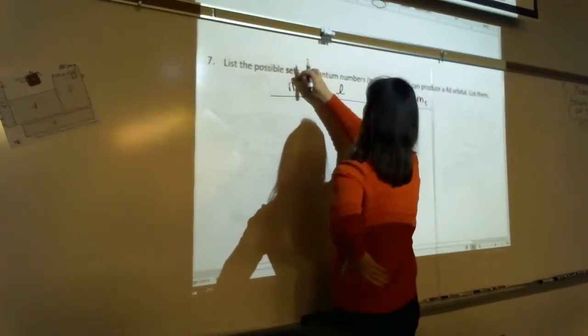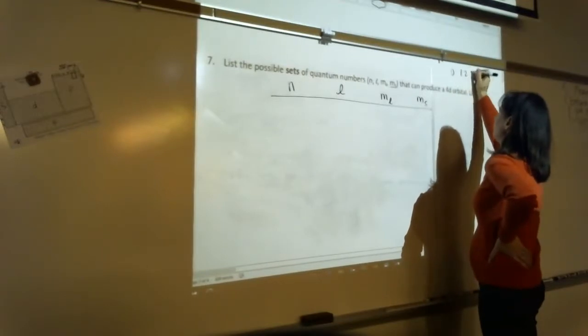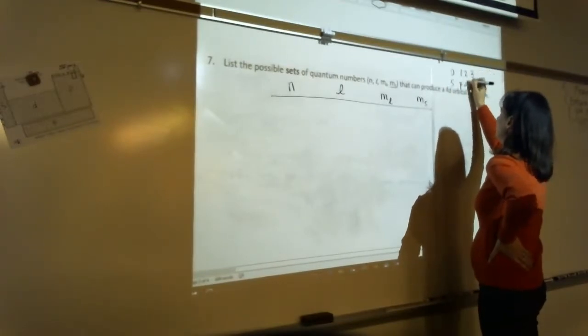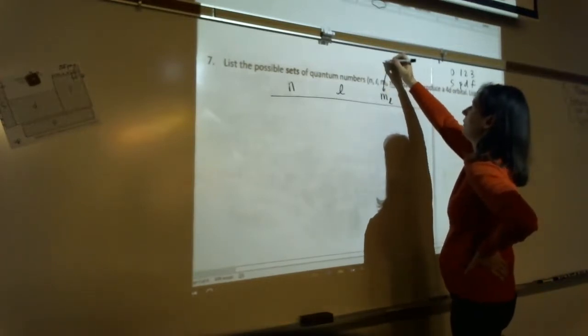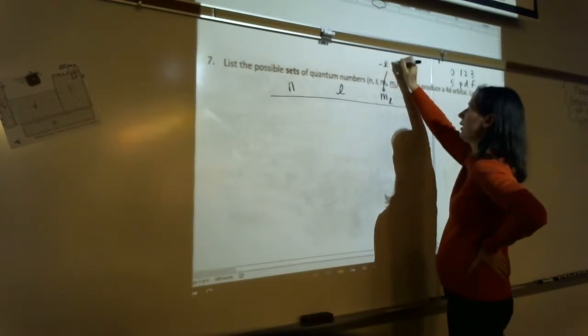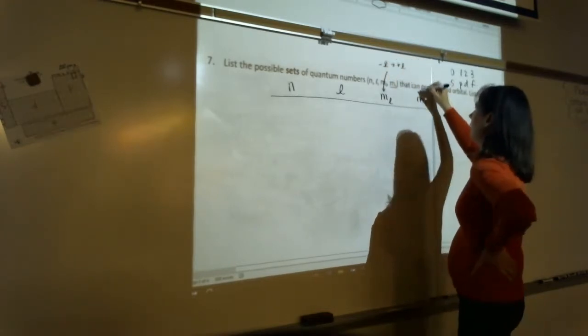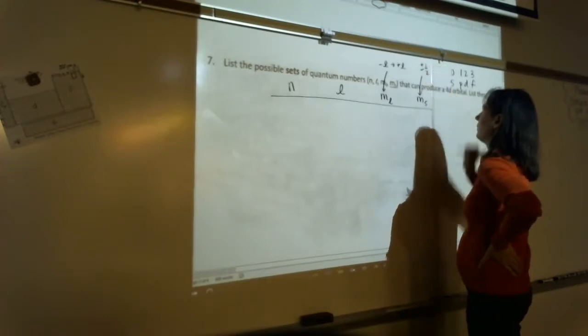This is just the value in front. Let's make our little cheat sheet: 0, 1, 2, 3, S, P, D, F. How do we get m sub L? It ranges from negative L to positive L. And what about m sub S? It's plus or minus 1/2, right?